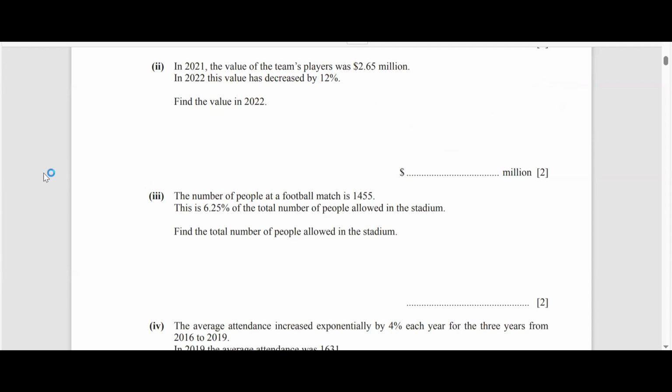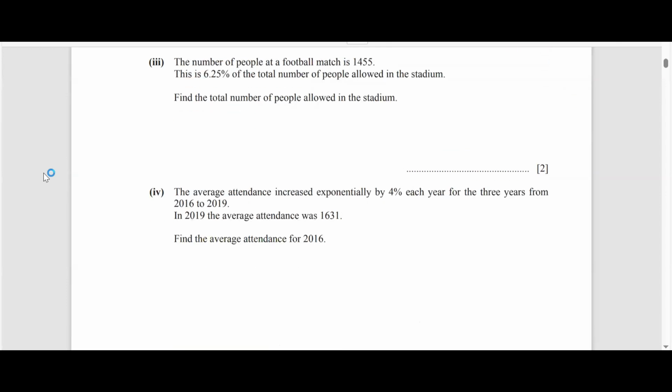Now for the third subdivision, we have the number of people at a football match is 1,455. And that is 6.25% of the total number of people allowed in the stadium. Find the number of people allowed in the stadium.